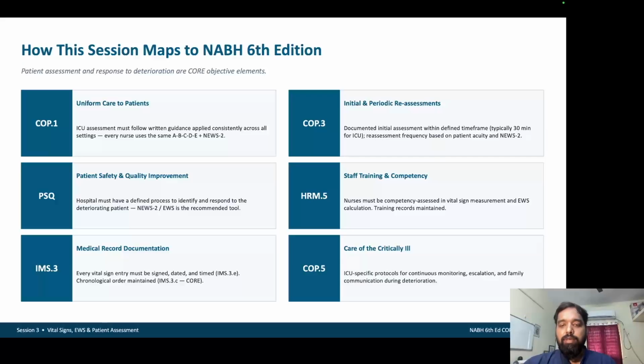Staff training and competency: nurses must be competency assessed in vital sign measurement and early warning score calculation. Training records are maintained. Care of critically ill patients: ICU-specific protocols for continuous monitoring, escalation, and family communication during deterioration.